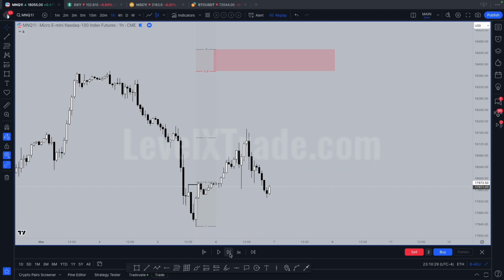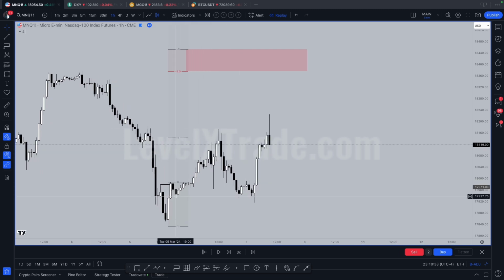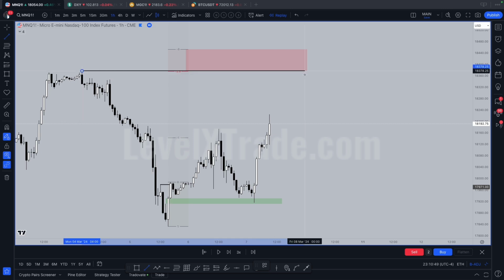So let's go ahead and play it forward. You can see there was an entry right below this area. There's this fair value gap. So let's say you entered here, and you would be looking at finishing your position.